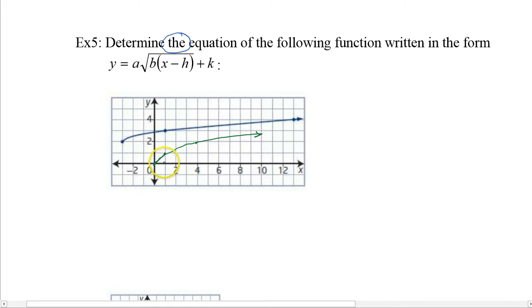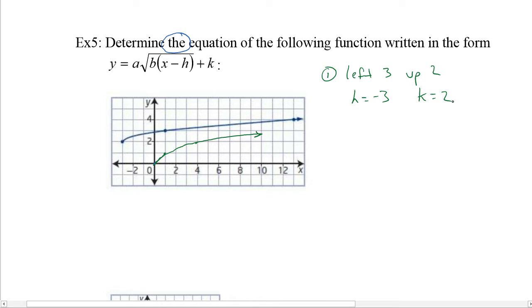The first thing that is easy to see is that if you look at the origin, it shifted over to the left 3 and up 2. So in other words, my h is going to be equal to negative 3 and my k is going to be equal to a positive 2.